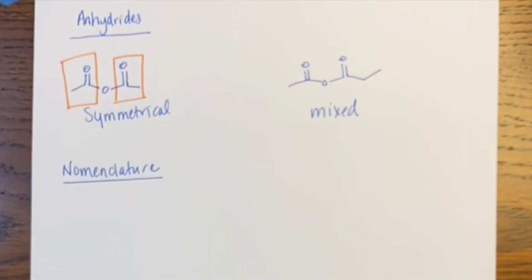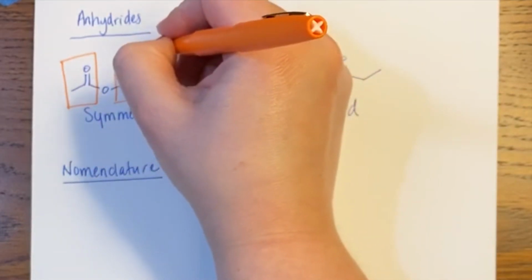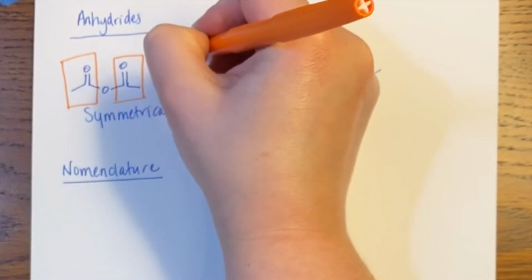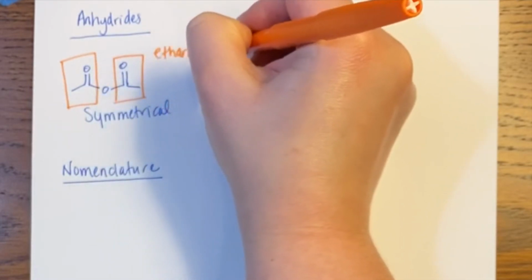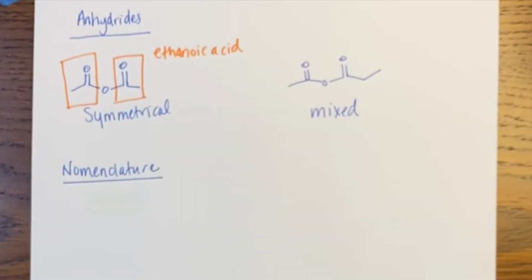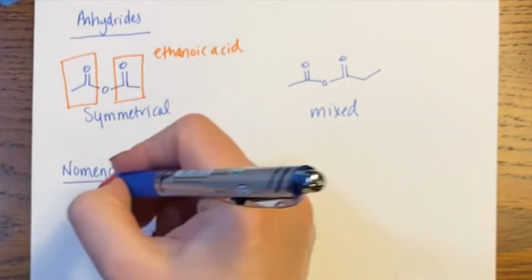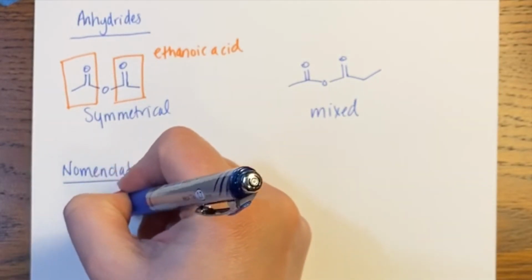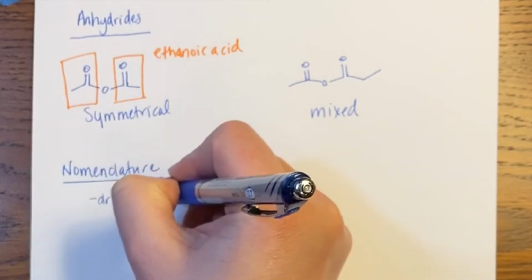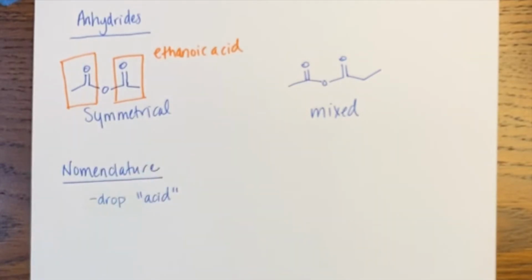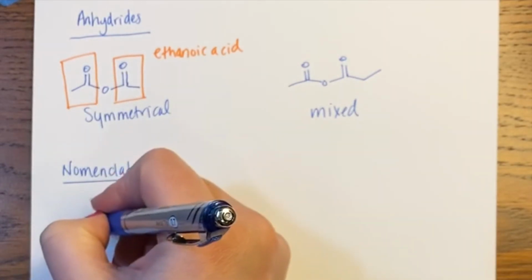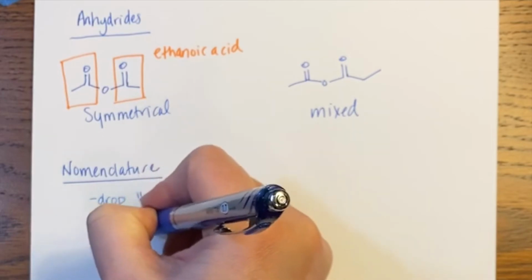So if these two carbon compounds were to be named as carboxylic acids, the name would be ethanoic acid. When it comes to naming an anhydride, first we're going to drop the word acid from that parent carboxylic acid. Then we're going to add anhydride.